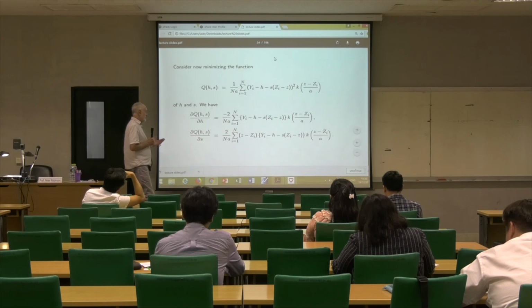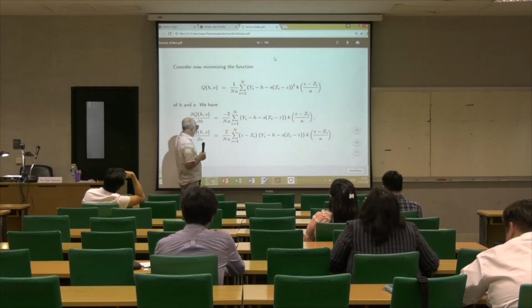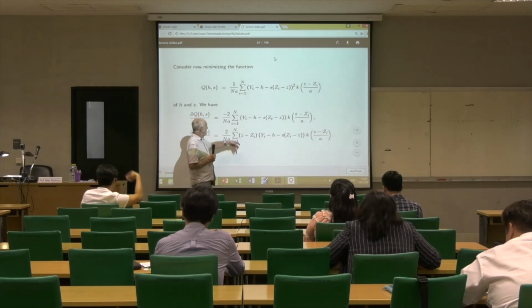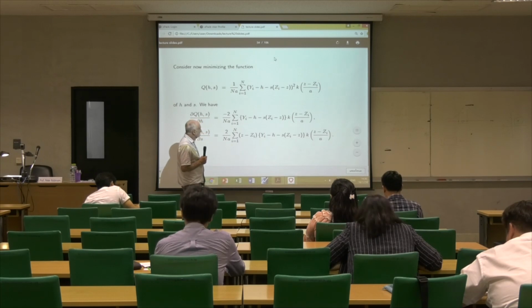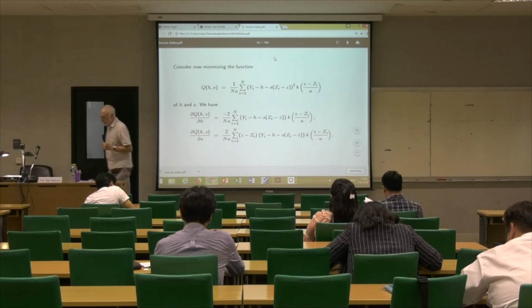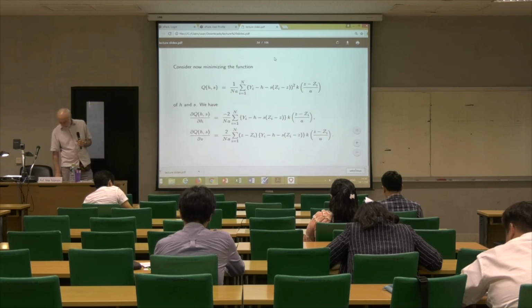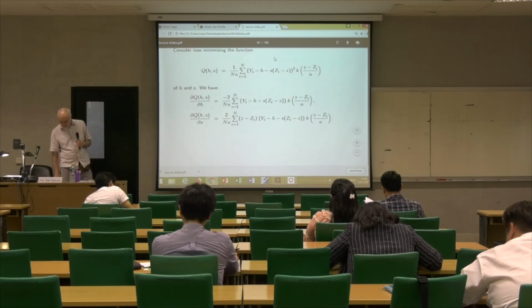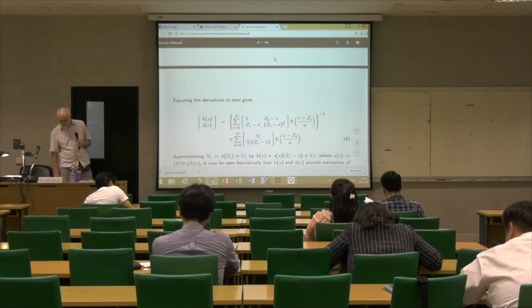These are just the partial derivatives with respect to H and S. I don't think I need to talk about the derivation of those. I hope the formulas are correct, but you can always verify them.